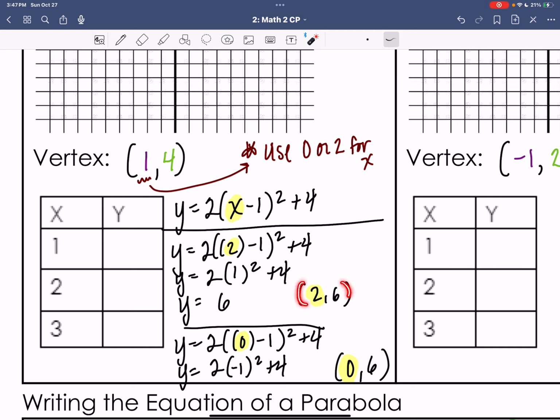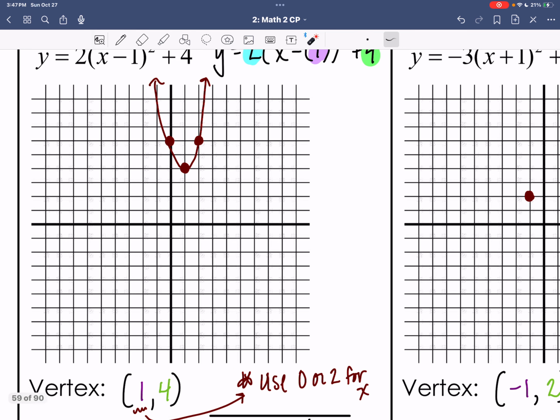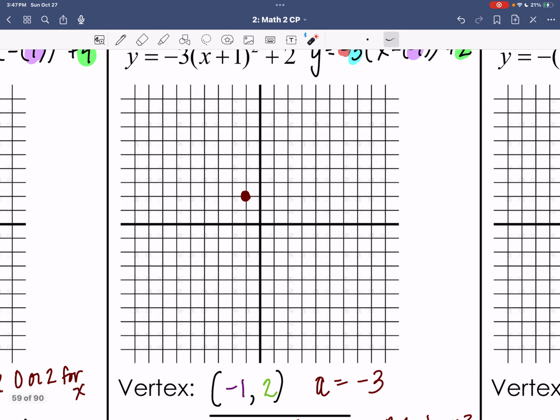So your ordered pair would be (2, 6), and then that's where I got this from. So 2, 1, 2, 3, 4, 5, 6. And then you're just going to reflect it on the other side. So if we went over 1 here, you would go over 1 and then go up 6 also. So reflect. So that's one way to do it.